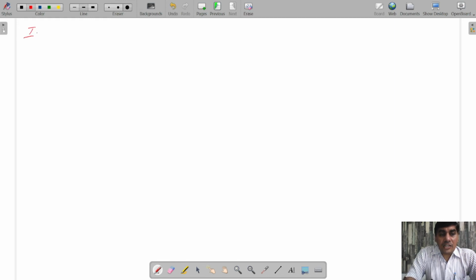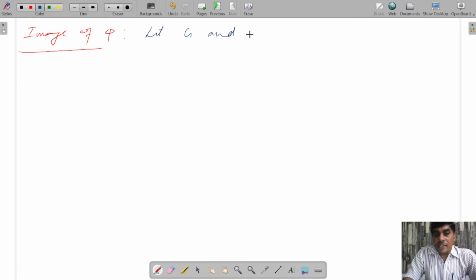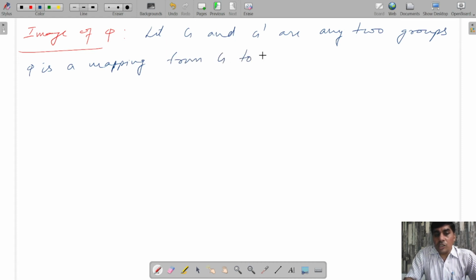Next, image of phi. Let G and G dash be any two groups. Phi is a mapping from G to G dash.